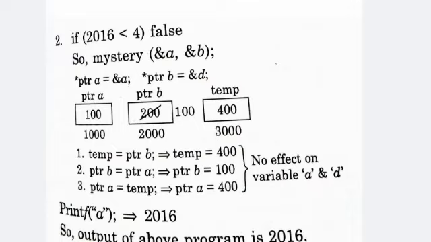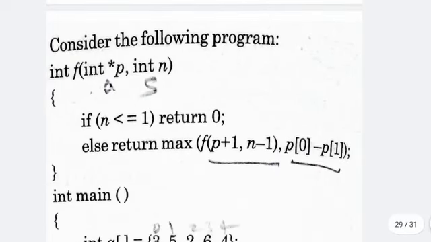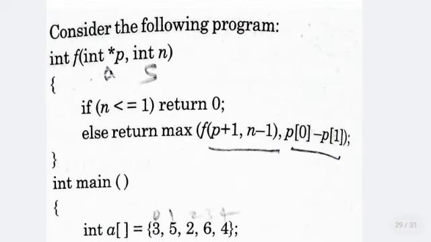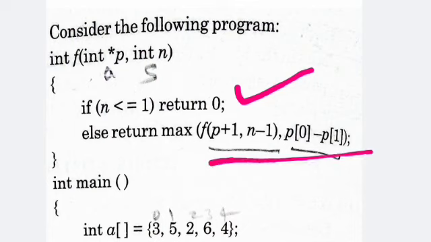Now come to the next question. Consider the C programming. Here is a function which contains an integer pointer p and n, and giving the condition n is less than or equal to 1, then return 1, else return this expression.